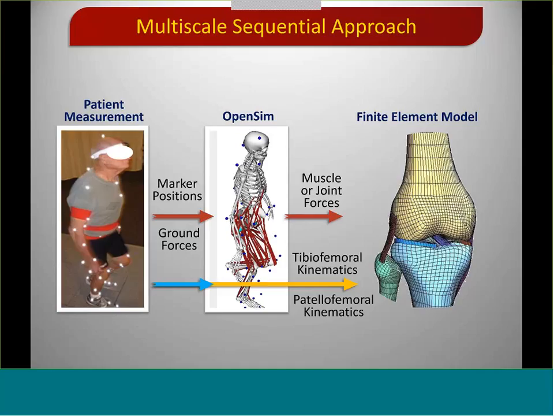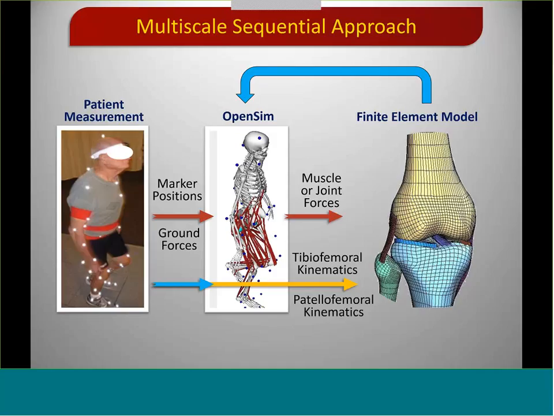models as well. But even with this overlap of data and models, this approach has some inconsistency, because in reality, ligament and contact forces predicted at the knee will affect muscle force estimates if they were included in the OpenSim model. Many researchers, including us, are working on combining these models because in real tissue there's no separation of scale.